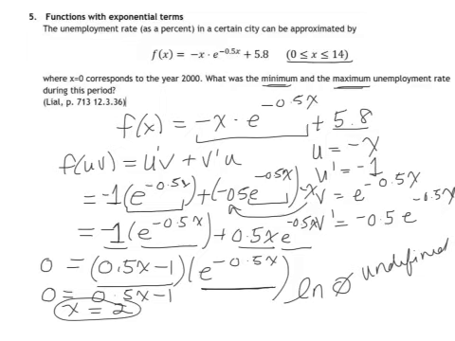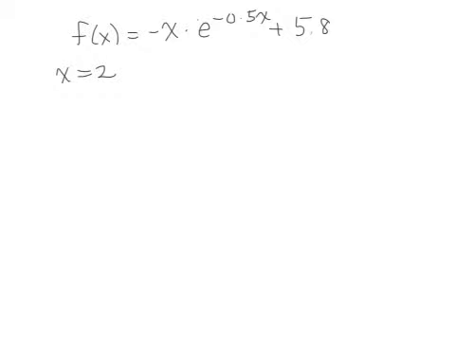So is it a maximum or a minimum? Let's go to the second page here and see what we can find. So we determined by finding the derivative, setting it equal to 0, and solving that we have one critical point, x equals 2. We need to just check and make sure that it sits within the range.